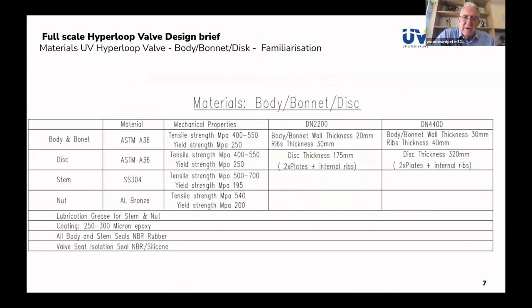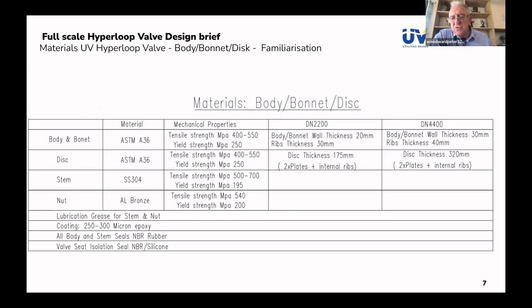There's a table you can refer to later just to understand the materials that we've used. Essentially, it's carbon steel of a high grade. You can see the strengths there, epoxy coated, but where we need good sealing surfaces, of course, for vacuum, it's stainless steel, which is what the disc is made of.